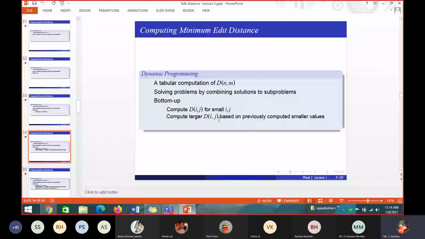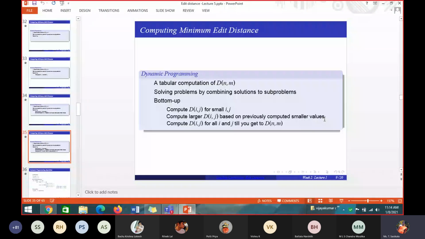Since it's a bottom up approach, you start with i and j values at the lowest, 1, 1. Then 1, 2, it goes on. Then finally, you will be computing the larger values of D of i, j based on the previously computed values. So each value at the upper level depends upon the values of the lower level. That's why it is called dynamic programming. It divides a problem into sub problems and solves each sub problem, and that answer will be helpful for solving the other levels.